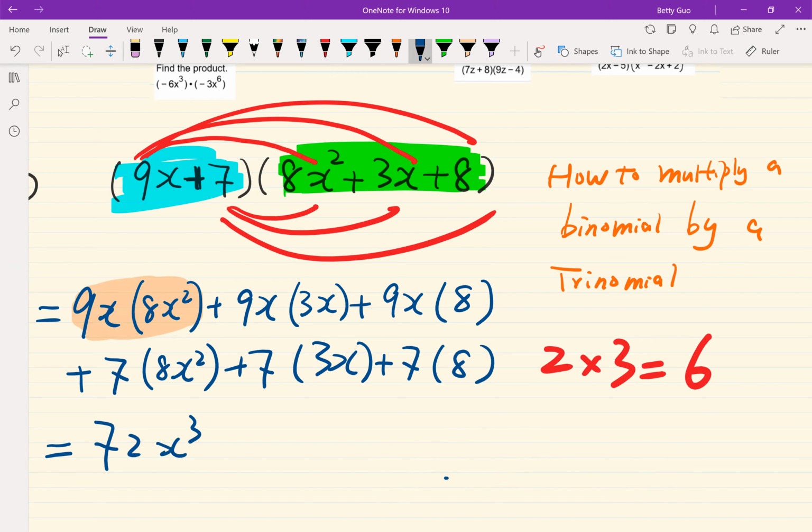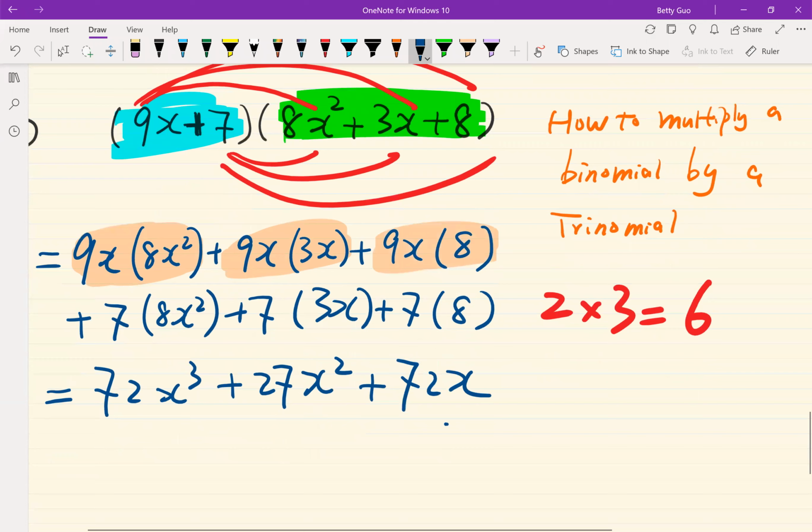All right, let's see this part. Monomial times monomial. What's 9 times 3? What's x times x? Let's see this term. 9 times 8. Bring the x, right?